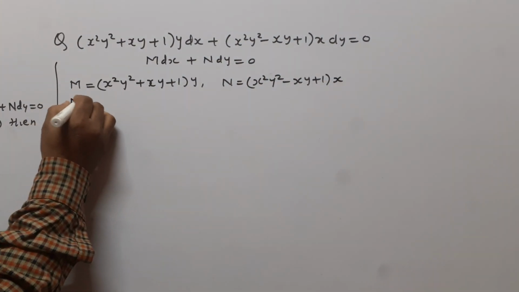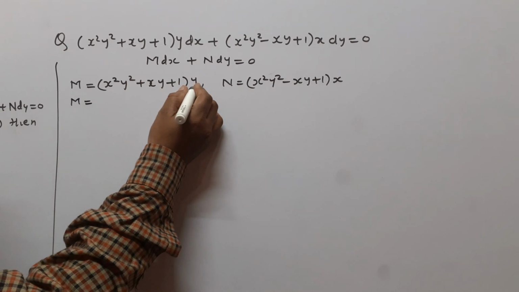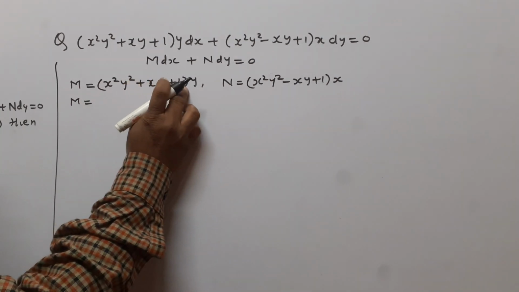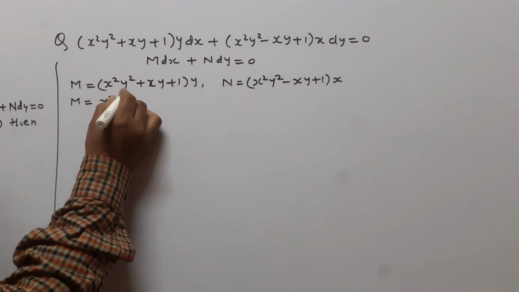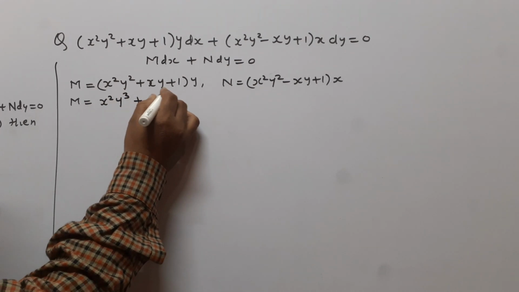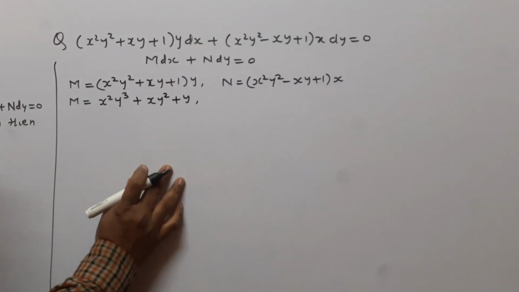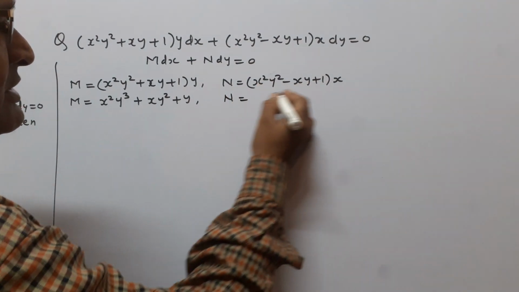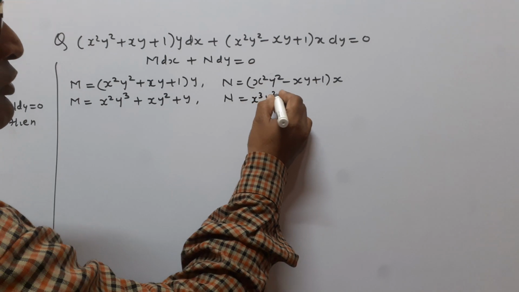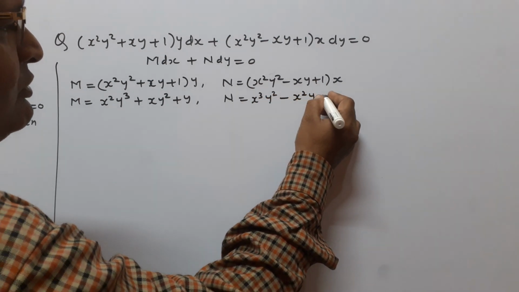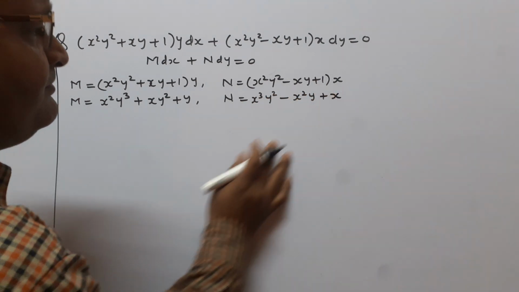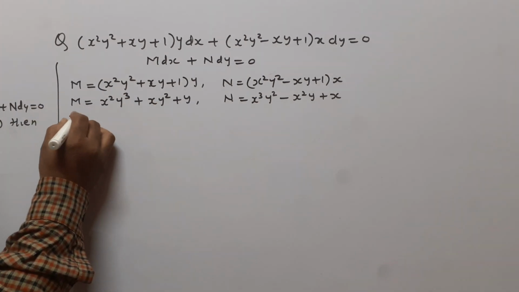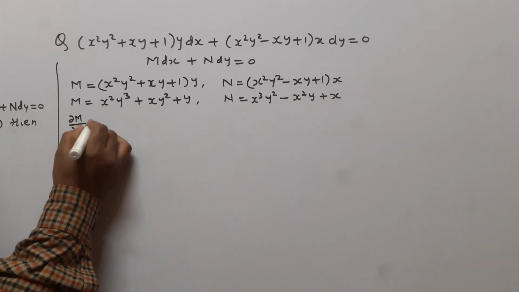Now for M, we multiply y into all these terms, so we get x square y cube plus xy square plus y. Similarly, we multiply x into all these terms, so we get x cube y square minus x square y plus x for N. Now we differentiate M partially with respect to y.